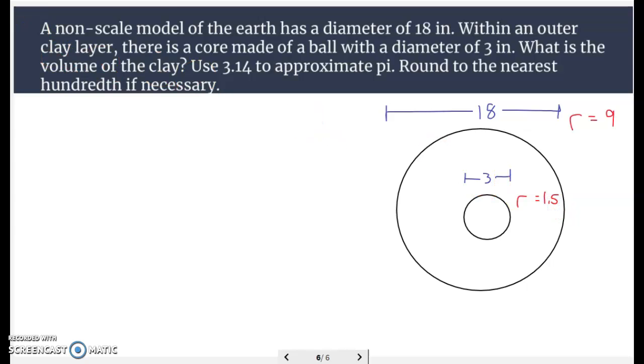So they want to find the volume of the clay. That's this area here, this part here. We're going to take the outside volume and subtract the inside volume, much like we did on the previous example. So the outer minus the inner.